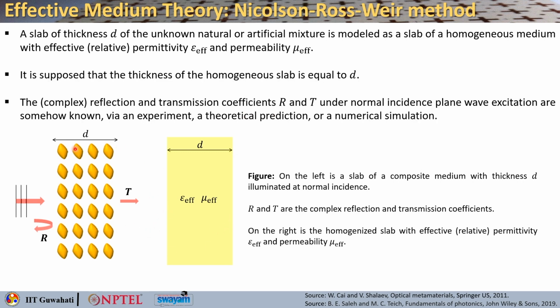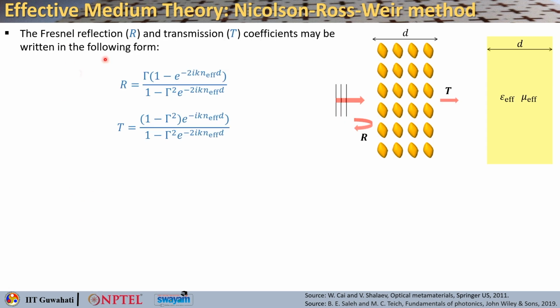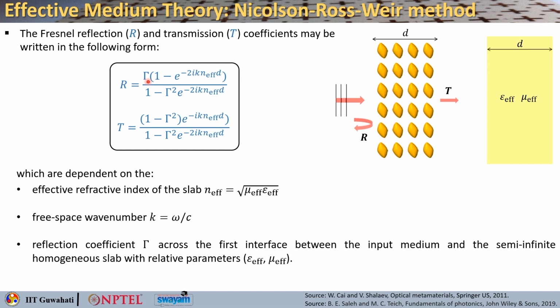So, first we assume that the thickness of this slab will also be d, and the complex reflection and transmission coefficients that you have got are capital R and capital T under normal incidence plane wave. If you know this, either by experiment or by numerical simulation, you can correlate them to the Fresnel reflection and transmission coefficients. So, here you can see this equation has two new terms, one is n effective, and then you have gamma, right.